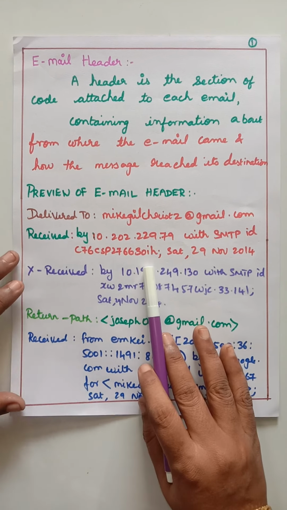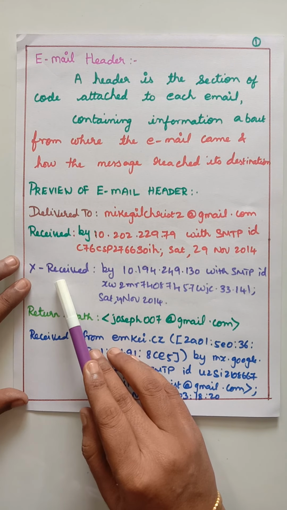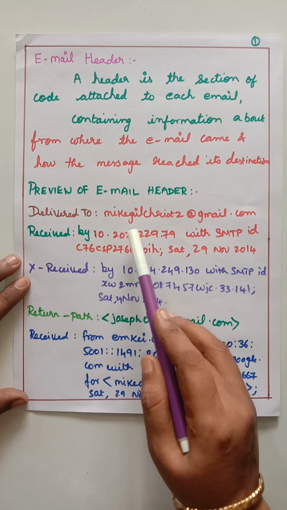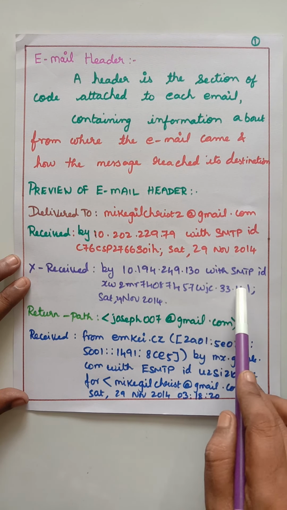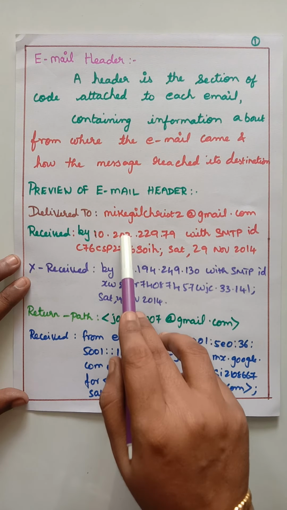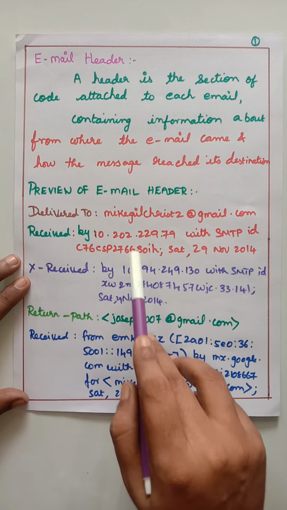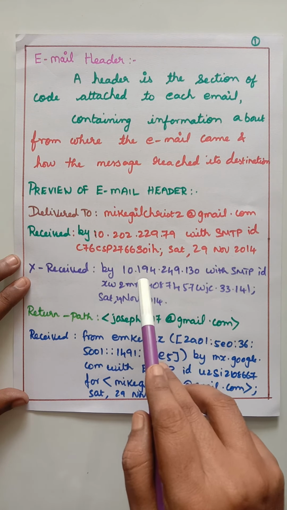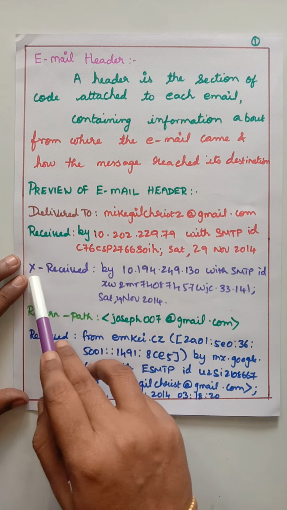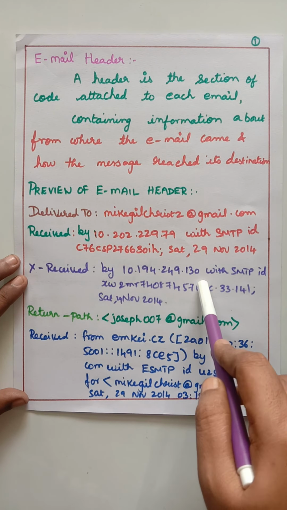And X-Received is nothing but the same thing with the SMTP ID, the exact Google ID, whatever SMTP server ID it is going to have, is what is called X-Received.